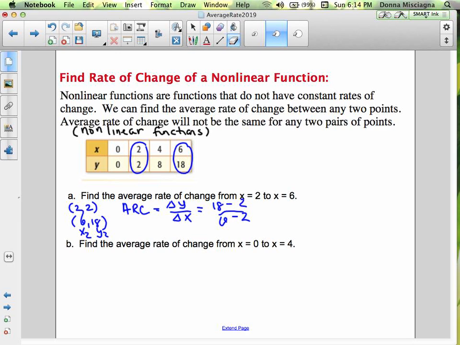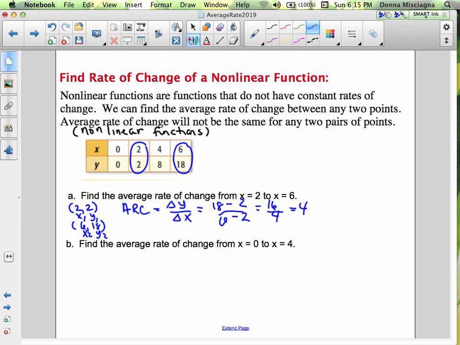I'm just going to label that so that you can see the 2 points. This one was x1, y1, and then 6, 18 was x2, y2. So 18 minus 2 would be 16, 6 minus 2 would be 4, and so that reduces to 4.